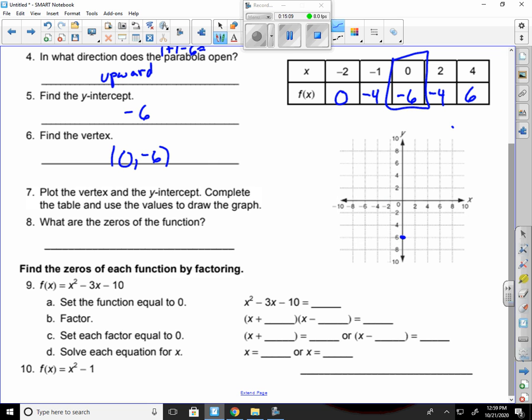I can now just put my values in. You could also have done this on Desmos and submitted it to me that way. And then I just draw the line connecting these points.